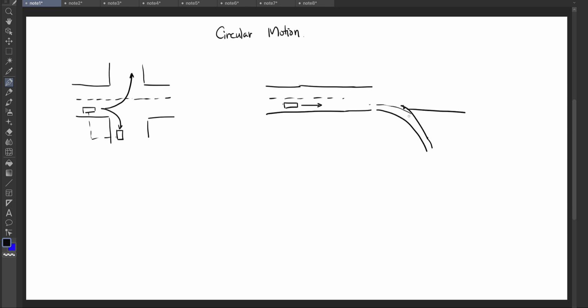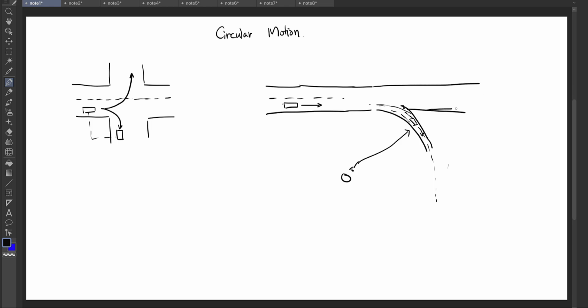So your car will go in here and then do a circular motion with this radius. Center O is here, so your car is doing this circular motion and then exits to another street here.